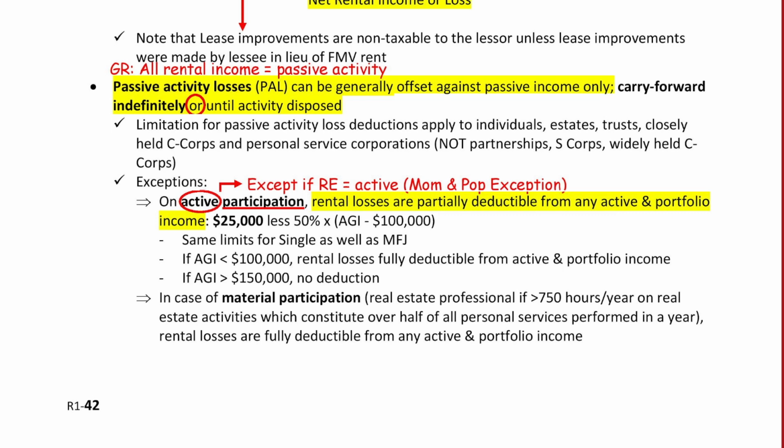But if the AGI of the taxpayer, let's say, is less than $100,000, then the taxpayer can deduct up to $25,000 of rental losses from other active and portfolio income.